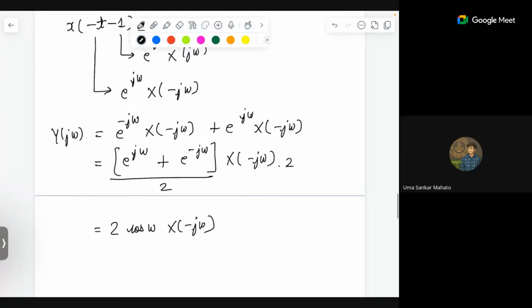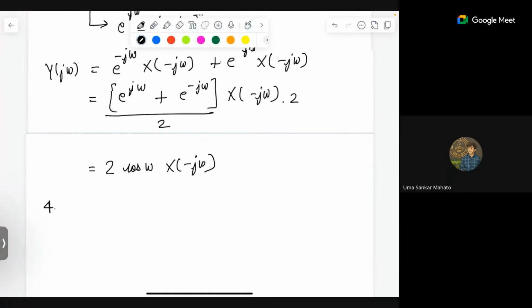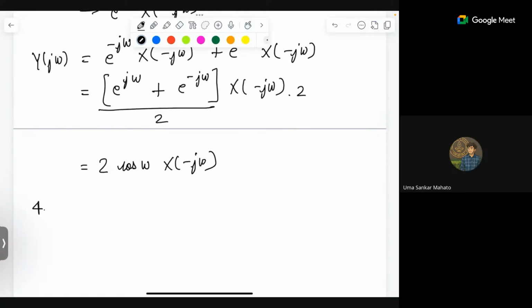Okay, now next question is very similar to this. So you have to tell me the answer. X of t has a Fourier transform given by x of j omega. Y of t has a Fourier transform given by y of j omega.